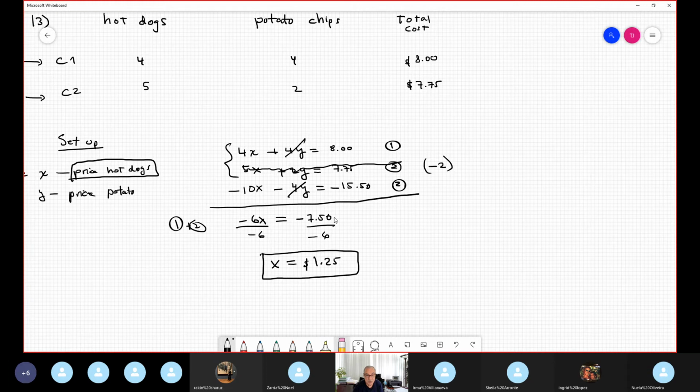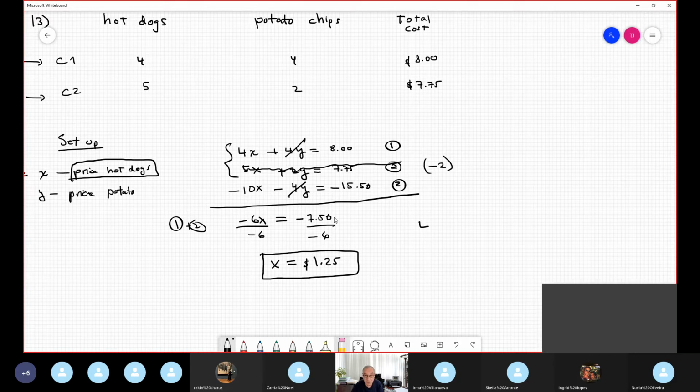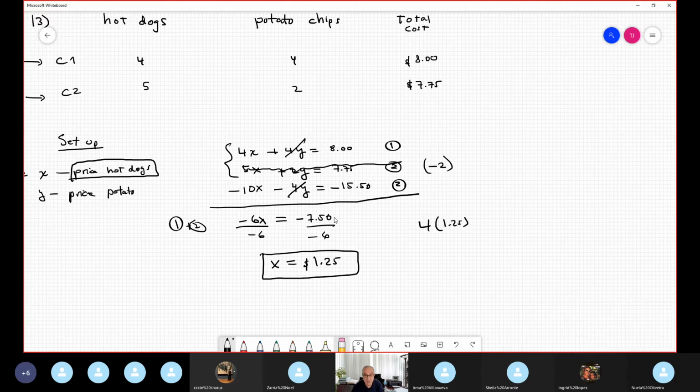Use substitution of X in either equation. I don't know which is best. I suppose I need to make a decision, no? So I substitute in the first one and multiply 4 times 1.25 plus 4y equal $8. Multiplication gives $5. So $5 plus 4y is equal to $8.